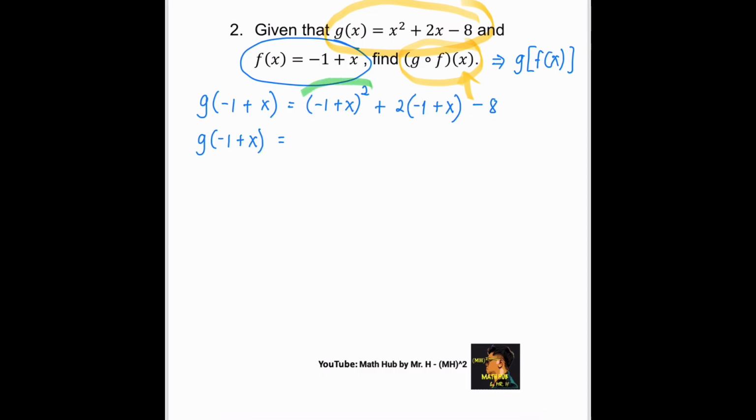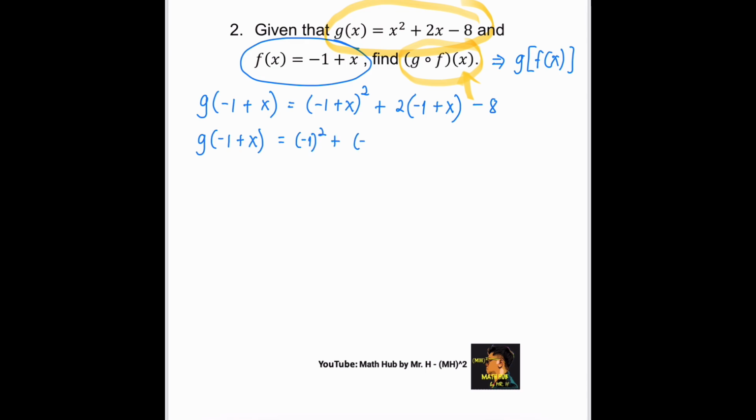So for this one, this is actually multiplication of binomials, all right? We can apply here the FOIL method, or if you already learned the trick on how to expand this one, you can also apply that. So let's apply the quicker way. We square negative 1.